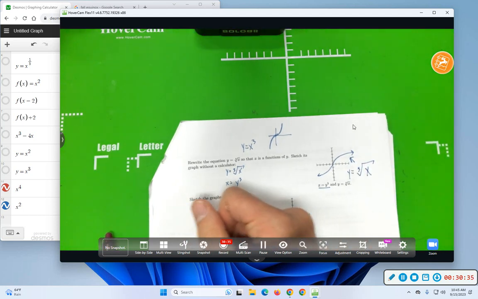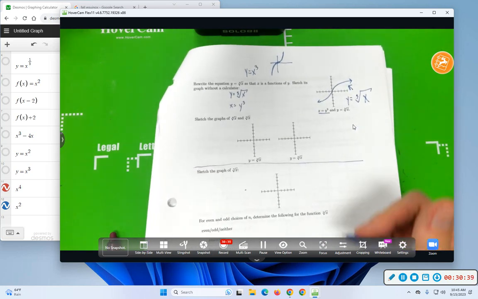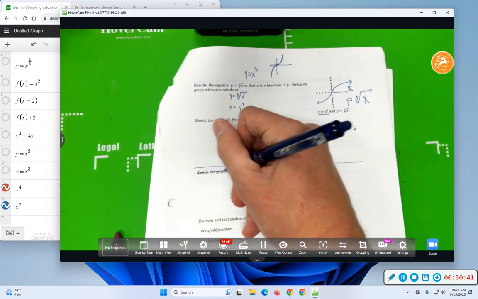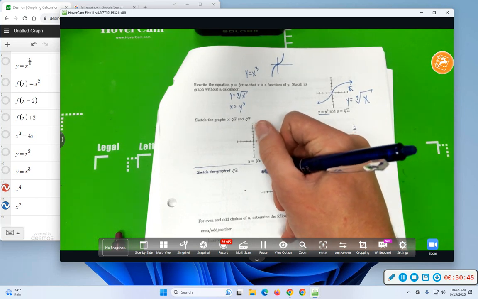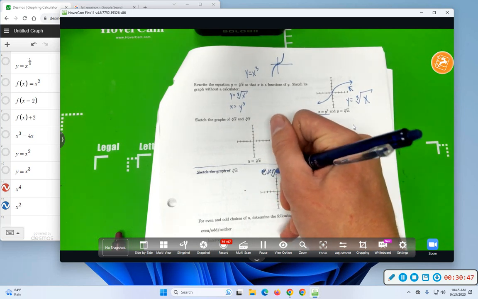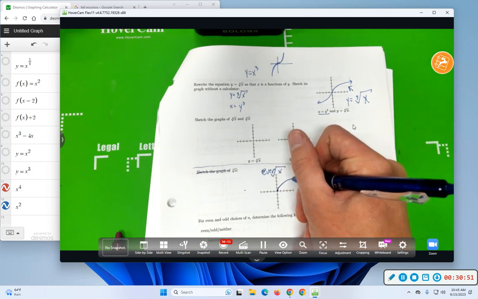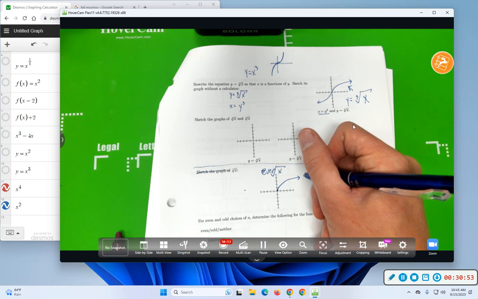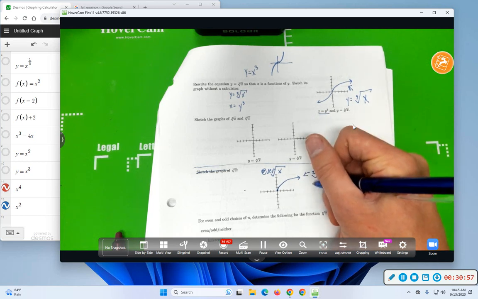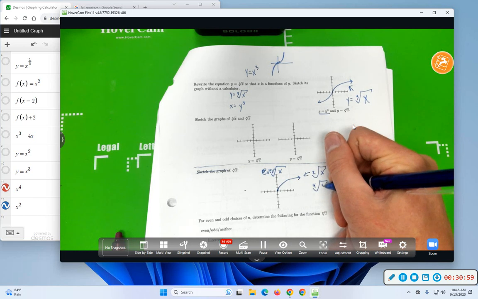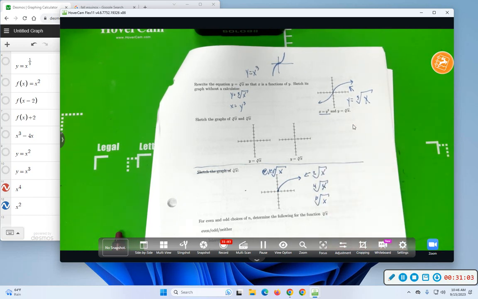In general, I think I'm going to blow by just a little bit. If you have anything that looks like an even root of x, the graphs will all look vaguely similar. So the square root of x, the fourth root of x, the sixth root of x, all of those graphs will look vaguely like that.